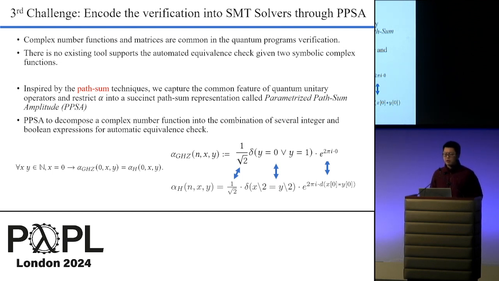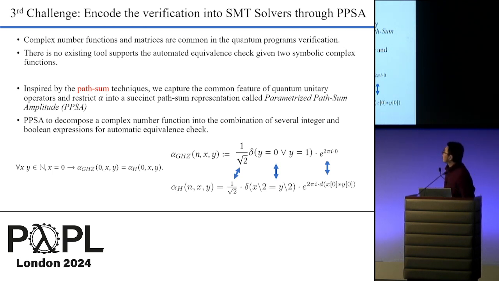So to check the equivalence between two complex number functions, QSynth just needs to check the equivalence between each expression separately. Since each expression is an integer or Boolean expression, we can use the SMT solver to do this automatically.